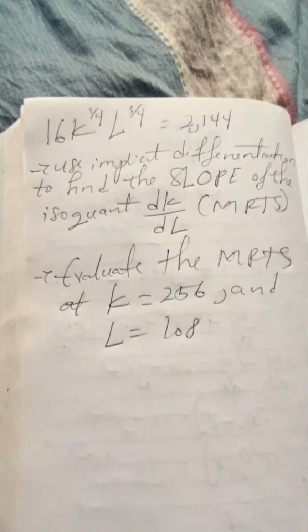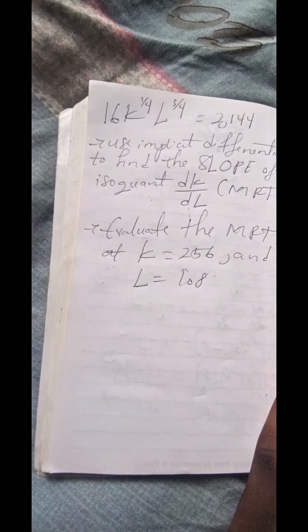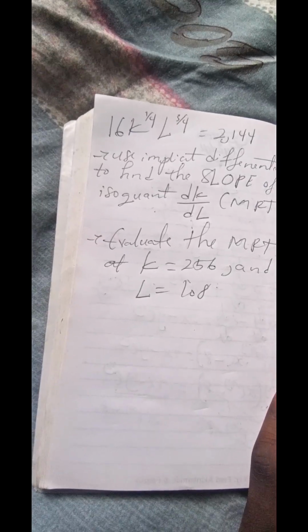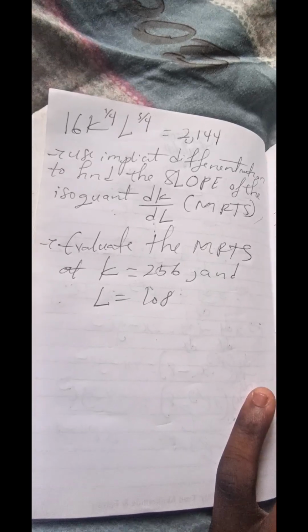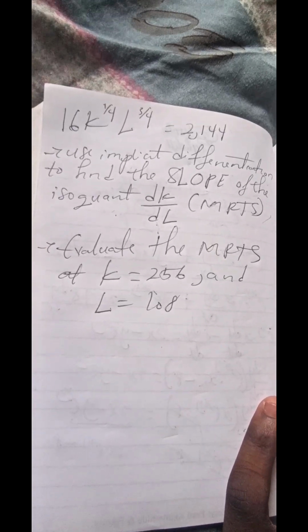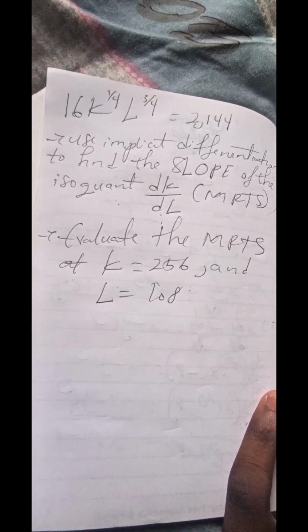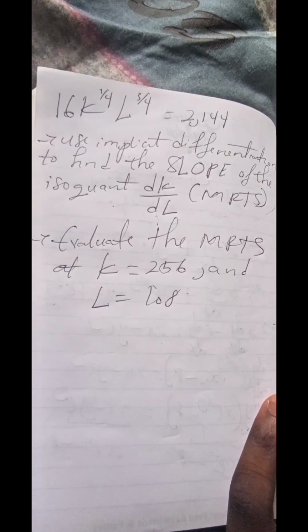So let's take an economic application. This is the question. We have an isoquant function 16k raised to the power 1 over 4 L raised to the power 3 over 4 is equal to 2144. An isoquant is basically a graph or a function that expresses the various combinations of two inputs, usually labor and capital, that produce the same amount of output, in this case 2144 units.